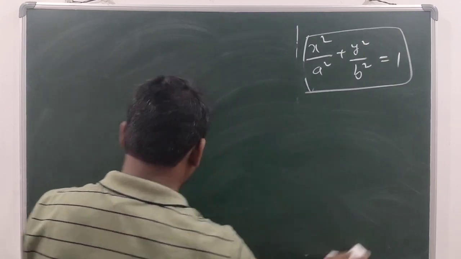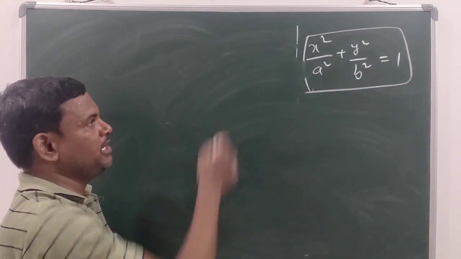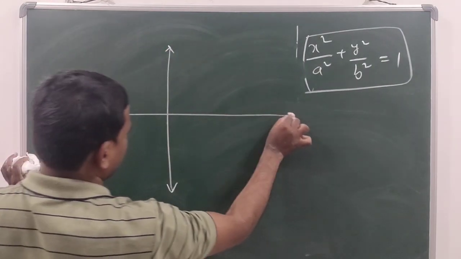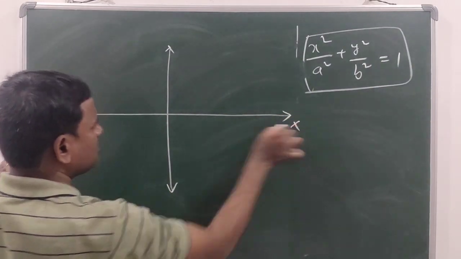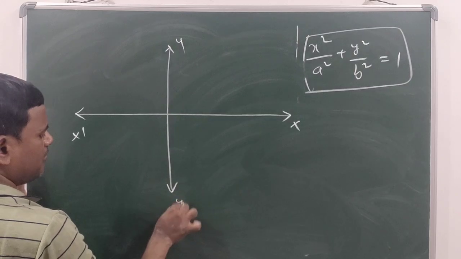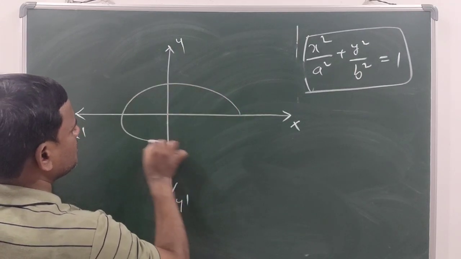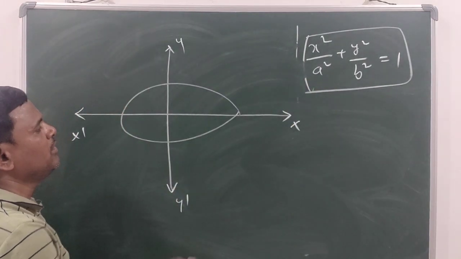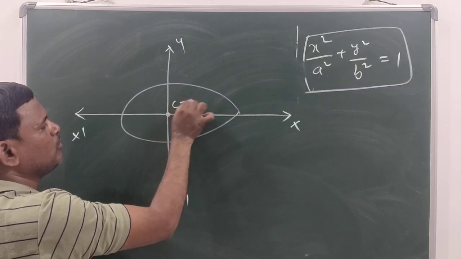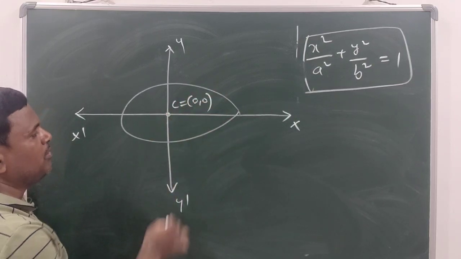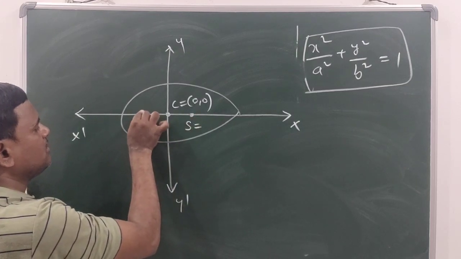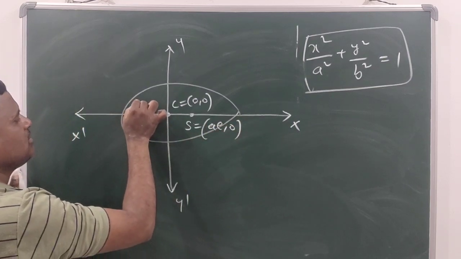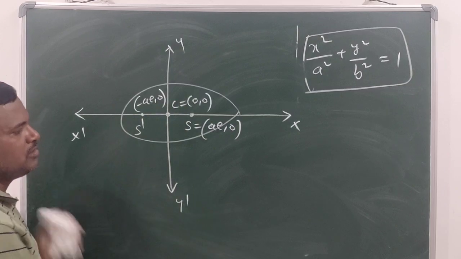Now once again let us draw the figure for it. X dash, y dash. Now see, this is an ellipse whose equation is x square by a square plus y square by b square equal to 1. This is the center whose coordinates are 0, 0, and the foci coordinates are AE, 0 and S dash, minus AE, 0.